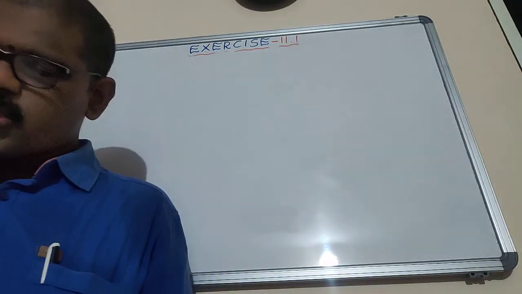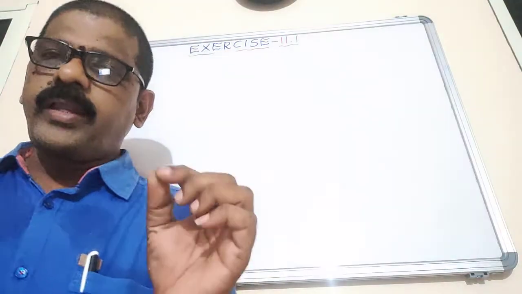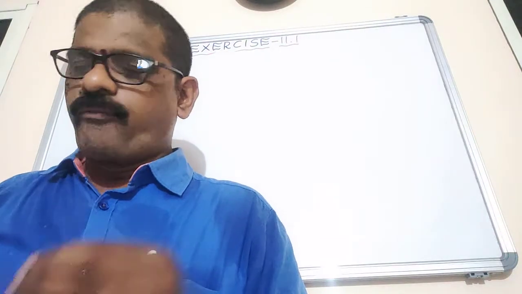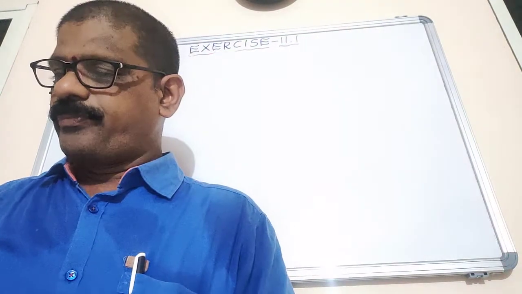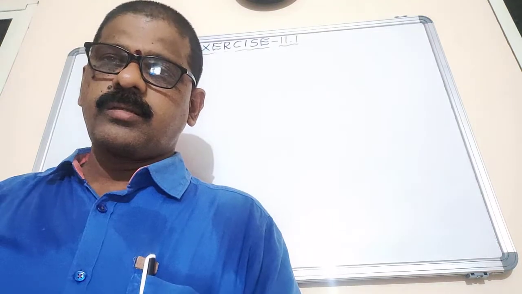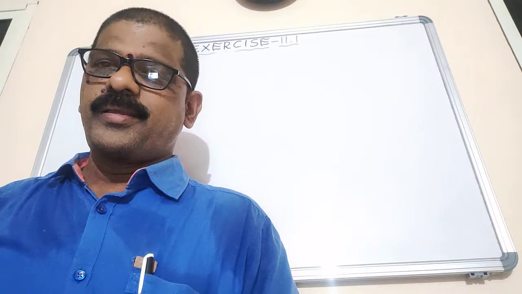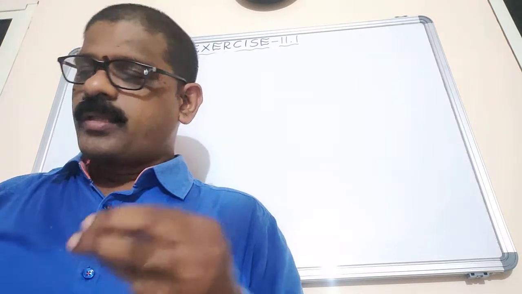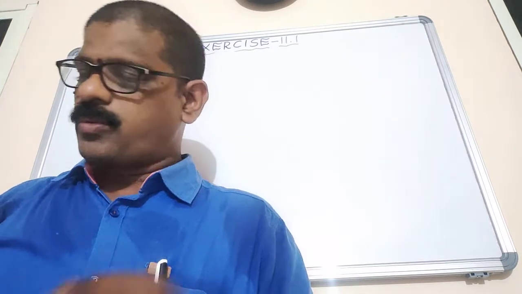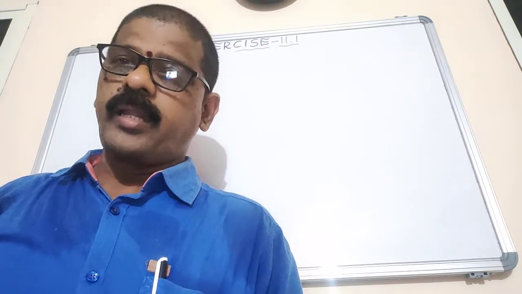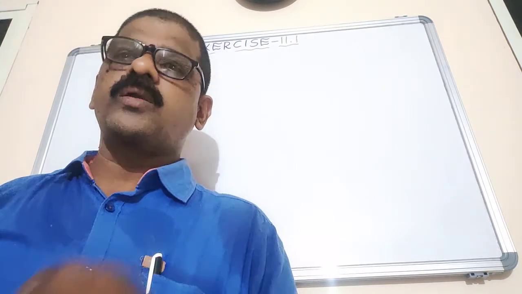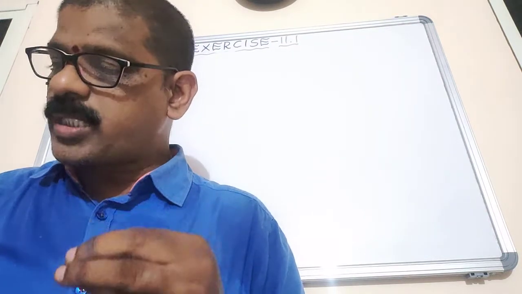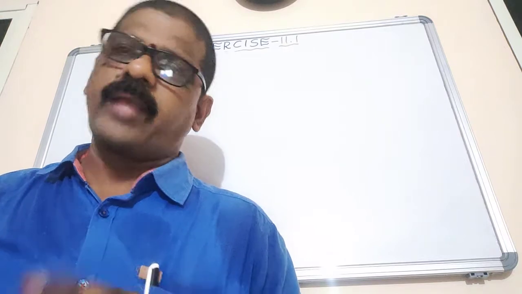Now the third question is, in a right angle triangle ABC with right angled at B, in which small letter a equals to 24 units, small letter b equals to 25 units, and angle BAC equals to theta. Then find cos theta and tan theta.